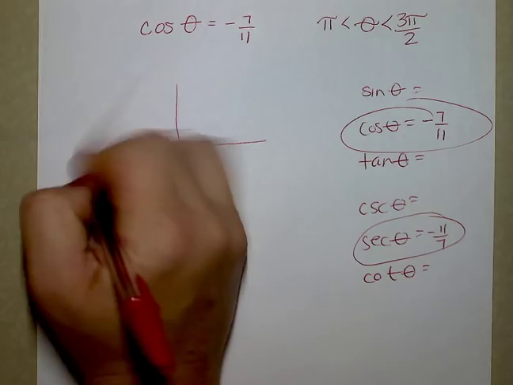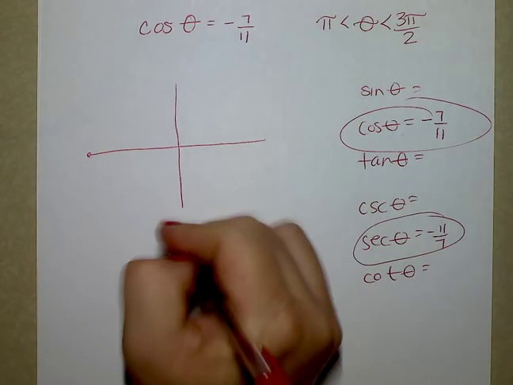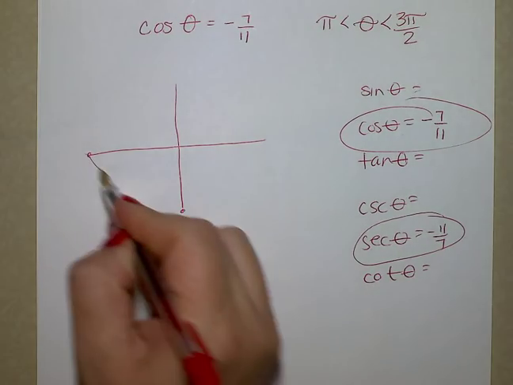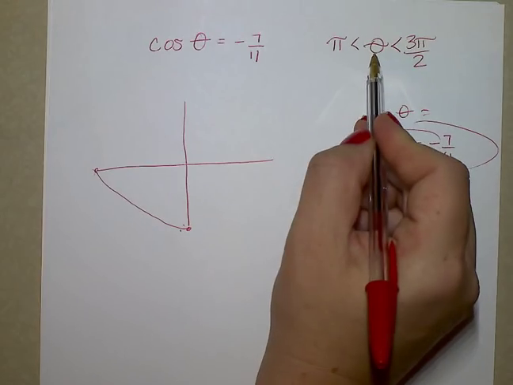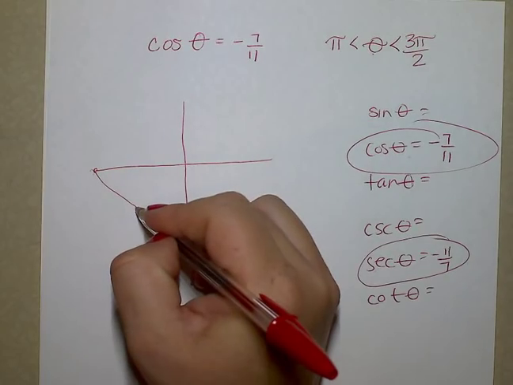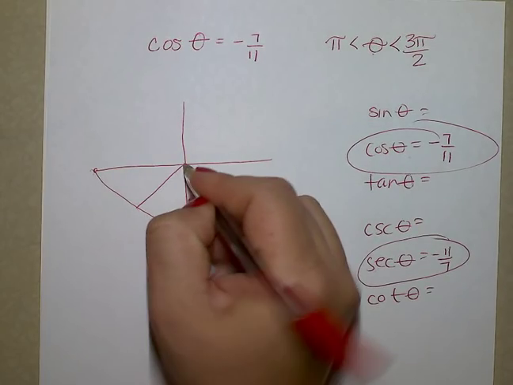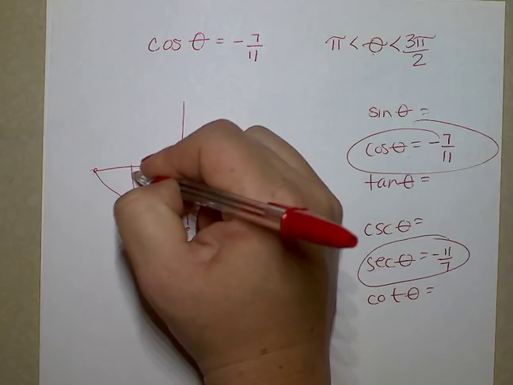Here's pi. Here's 3 pi over 2. Somewhere between these 2 points on the unit circle, you will have this angle. So choose any point in between, draw a line back to the origin, and straight up till you hit the x-axis, making a 90-degree angle.